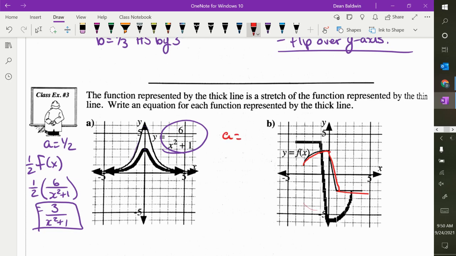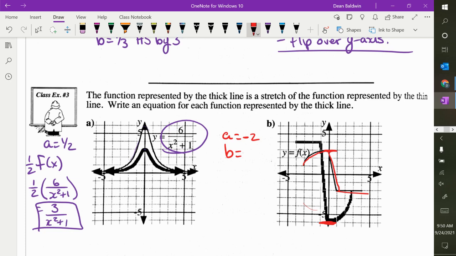Let's figure this out. So my a value, we flipped it, so it's got to be negative. What was the expansion for the a? Where is this top point of the curve on this one? 3. Where is the top point of the curve on this one? 6. So it's going to be -2 is your a. Did I expand it horizontally?